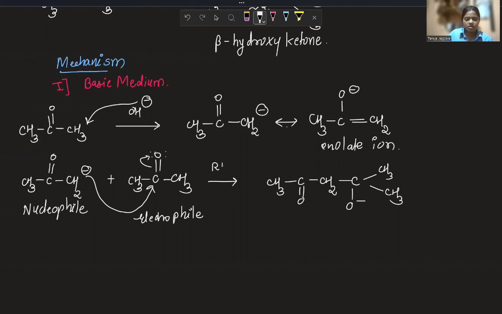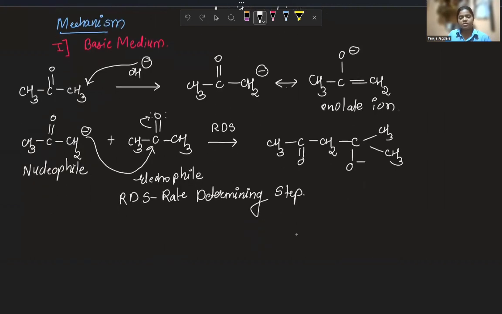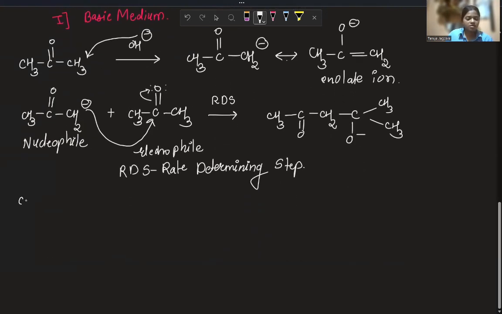This step is the RDS of the entire reaction. RDS is the rate determining step, the slow step which occurs in the reaction. For this aldol condensation, attack of the enolate ion on the carbonyl carbon of acetone is the rate determining step.